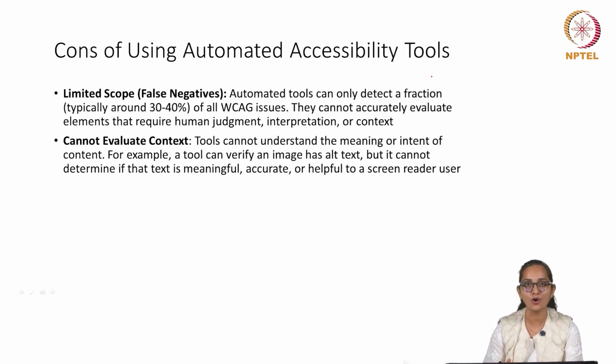It has the alt text. So it can only check the presence or absence of an alt text, not whether that text is actually a meaningful description of the image itself. That needs a human judgment.